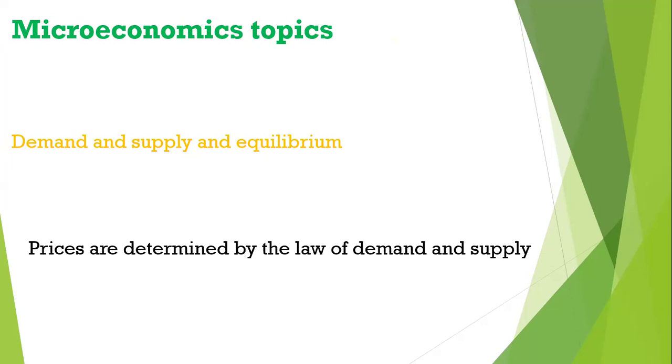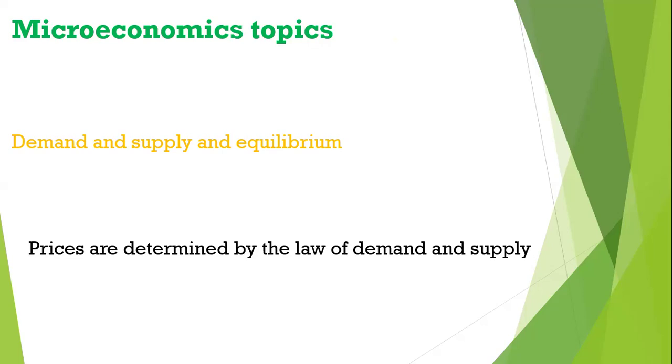Prices are determined by the law of demand and supply, right? We are at equilibrium when demand and supply are equal. When there is a discrepancy, where there is more demand than supply, or more supply than demand, the price can move up and down.